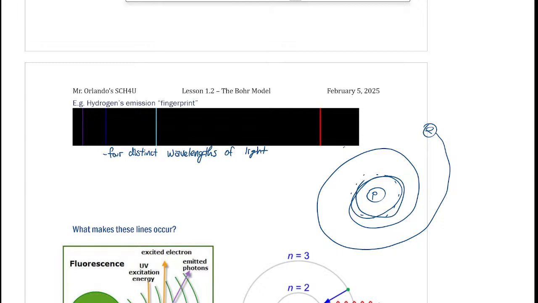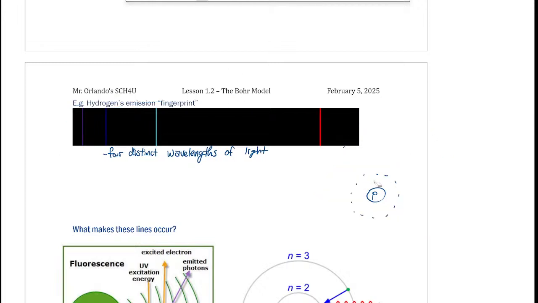And what you'd expect to see is a whole rainbow of light. You'd see all kinds of different wavelengths of light as its energy level changed slowly from one thing to another. You would see a whole bunch of different emissions. But you don't. Instead, what you see is these perfect emissions that are always very consistent.